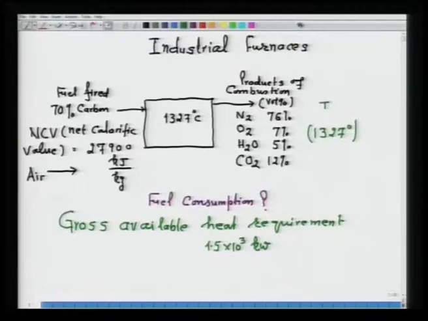This is the temperature of POC. Air is supplied at 25 degrees Celsius, and of course fuel is also supplied at 25 degrees Celsius. So, we are required to find out the fuel consumption. Let us proceed now.